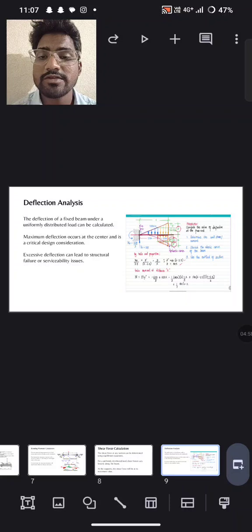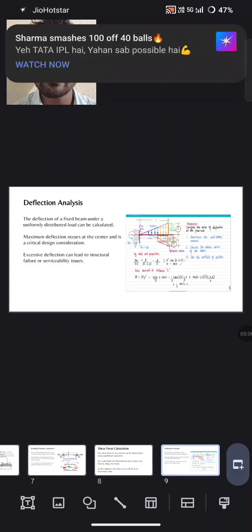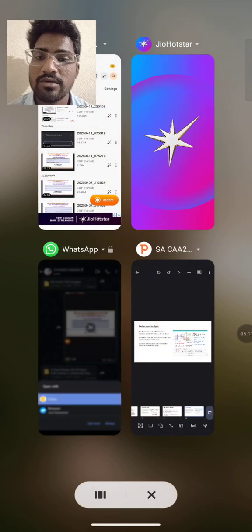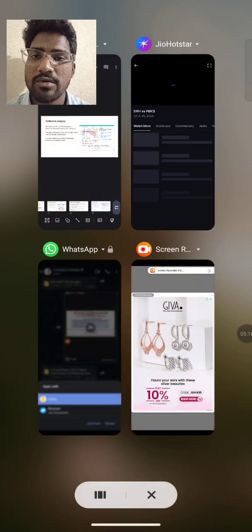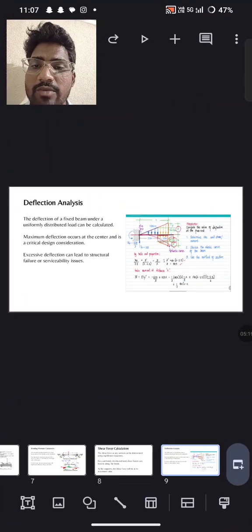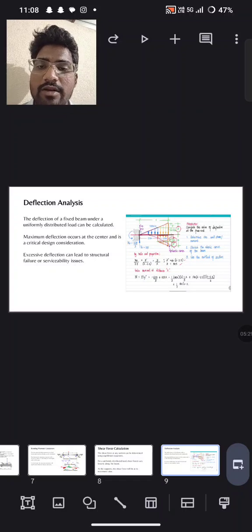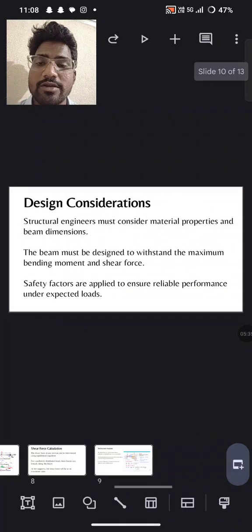Maximum deflection occurs at the center and is a critical design consideration. Excessive deflections can lead to structural failure or serviceability issues.